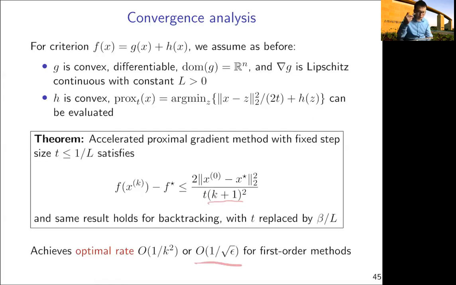Okay, so in particular, if the ODE looks like dx/dt equals minus the gradient of f at x(t), this is an ordinary differential equation with time t. So this is a continuous equation.